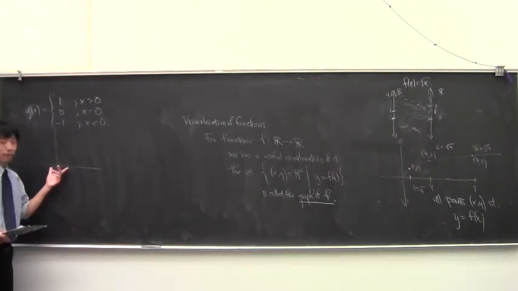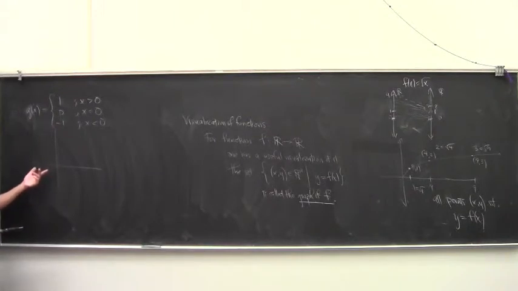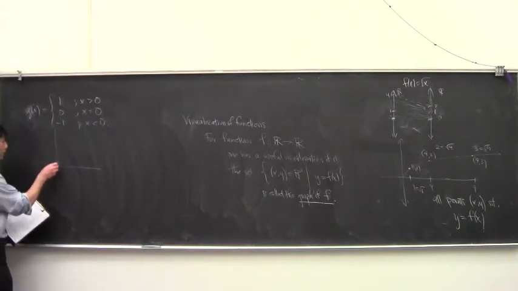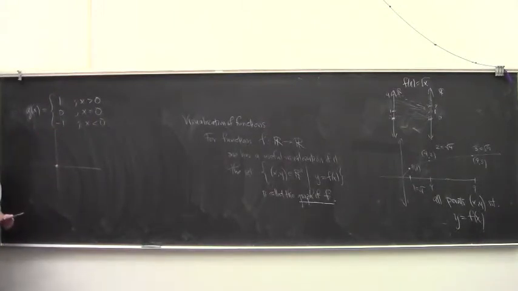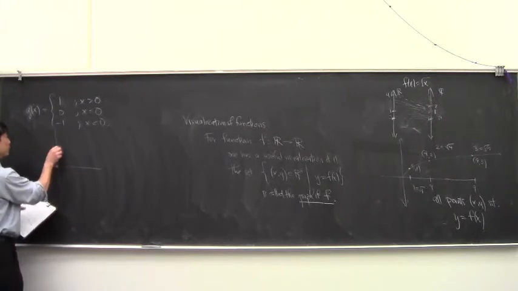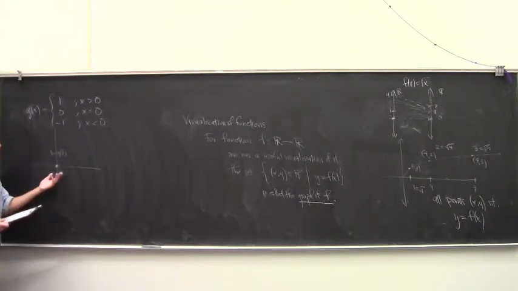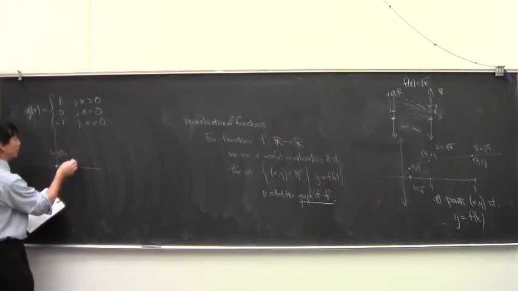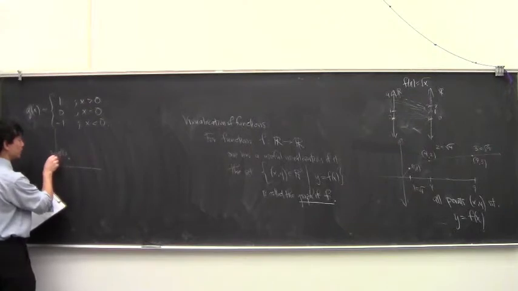Same thing here. What kind of points are going to be on the graph? Well, for example, 0, 0 is going to be on the graph because g of 0 is 0. Et cetera. So if you have any positive value, you're going to get a height of 1. So it's going to look like this.